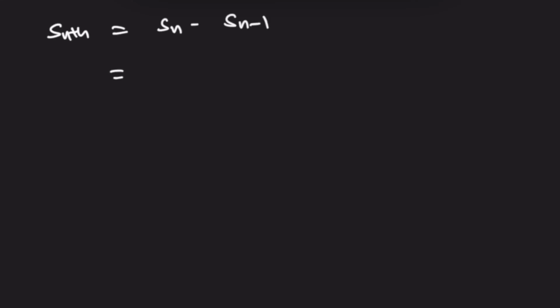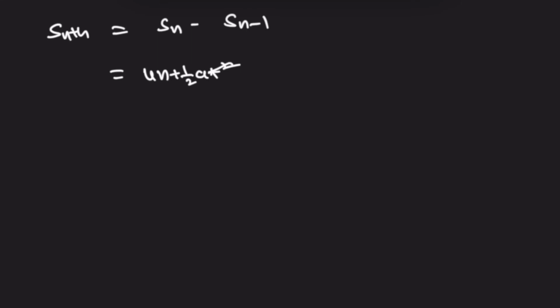So what is the Sn formula? Displacement covered in t seconds. One of the kinematic equations is ut plus half at square, but here t is nothing but n.